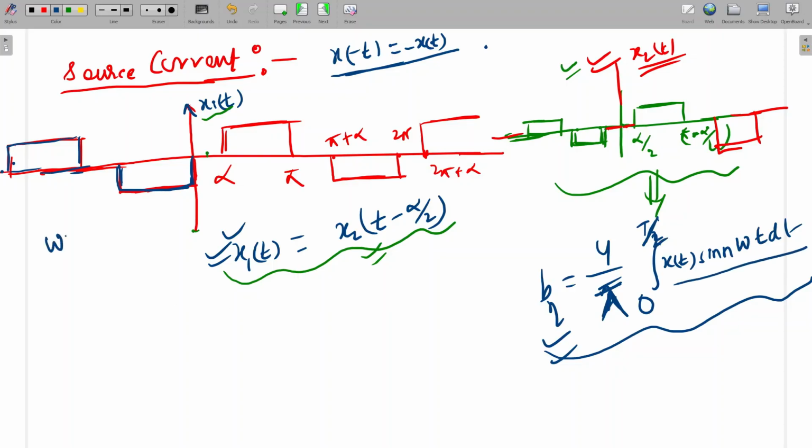Omega is 2 pi by T, so with time period 2 pi, it will be 1. Now simply we can write the bn value.